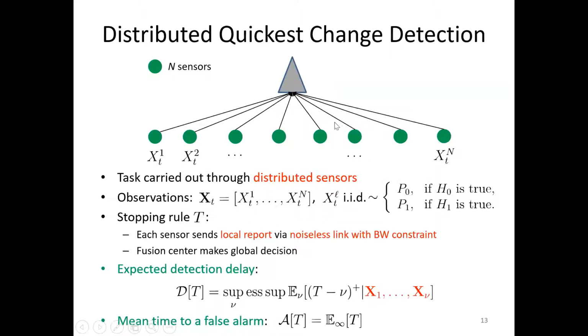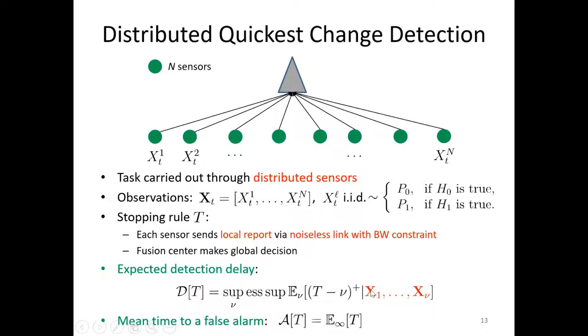Okay, and again we can define the two performance metrics. The first one is the delay, and the second one is the mean time to a false alarm. You can see that this is pretty much the same as the QCD, but the only difference here is that now our task is carried out through a bunch of sensors.